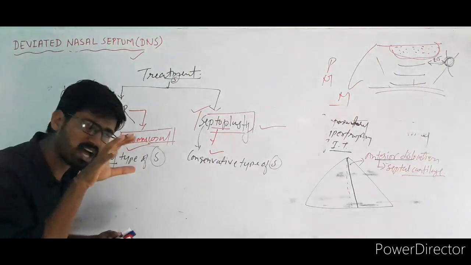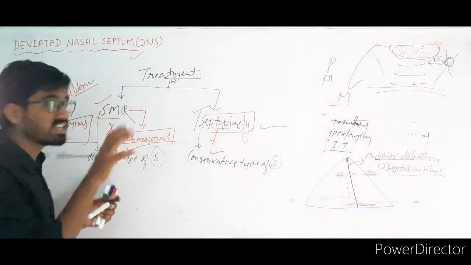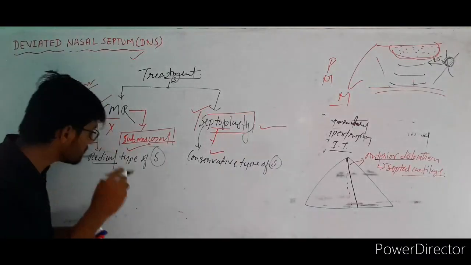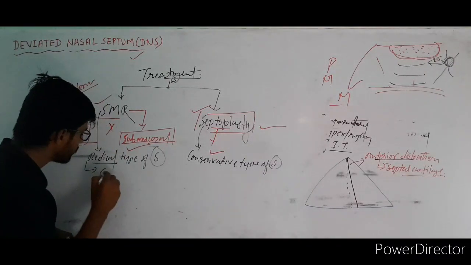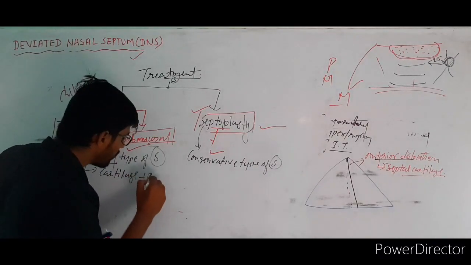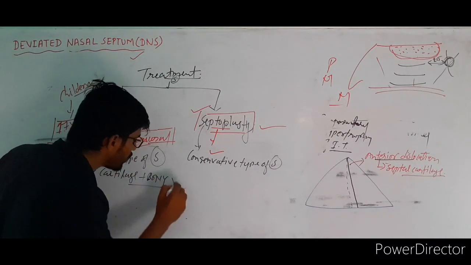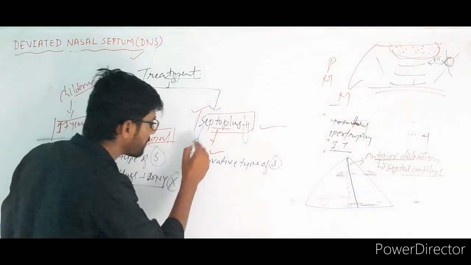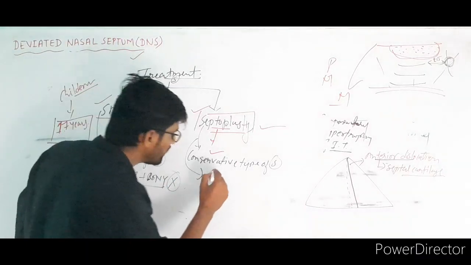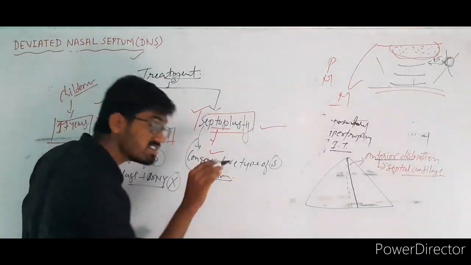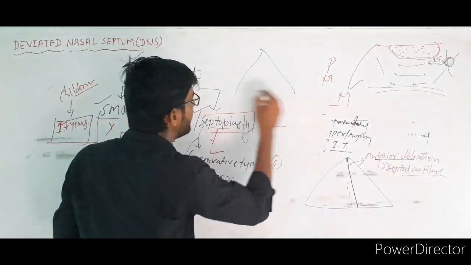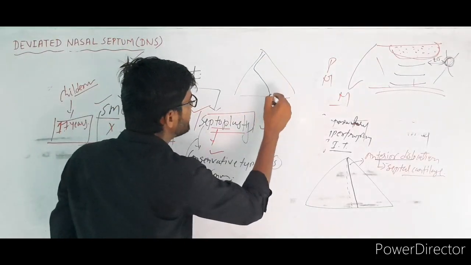If there is nasal septum deviation, the maximum part of the cartilage and bone they will remove. But in the conservative type, as much as possible they will conserve.